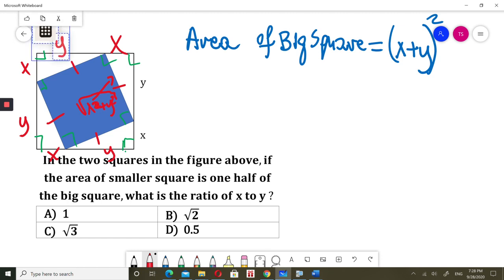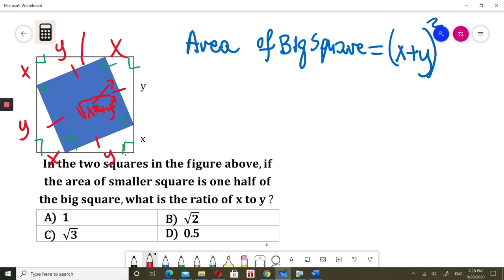That's the length of this side of the smaller square. The blue square's side will be the square root of x squared plus y squared, from the Pythagorean theorem.